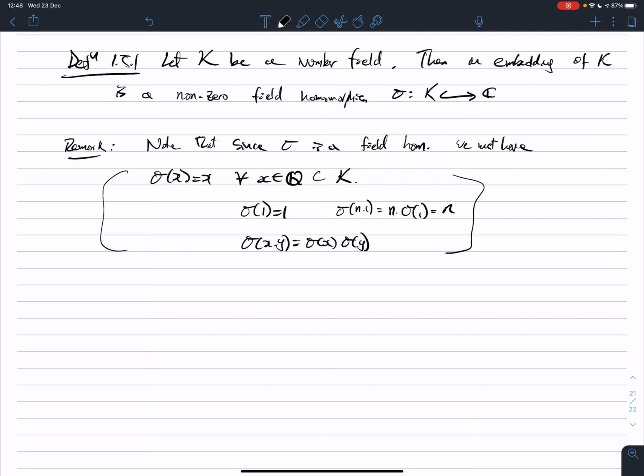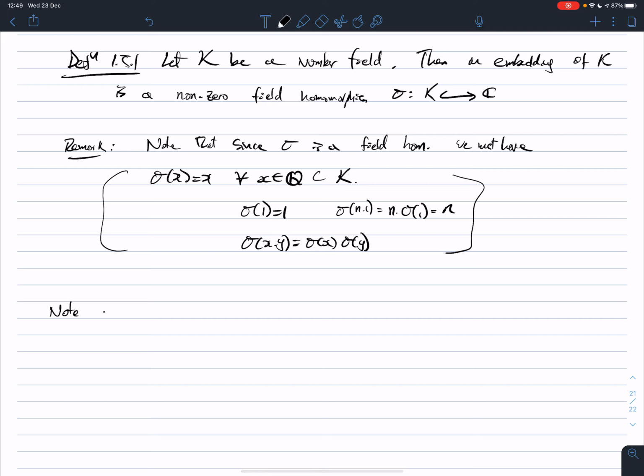Now, if you recall, when I defined my number fields, I said they were subfields of the complex numbers which were of finite degree over Q. What this means is that we always have at least one embedding, which is just the identity embedding.